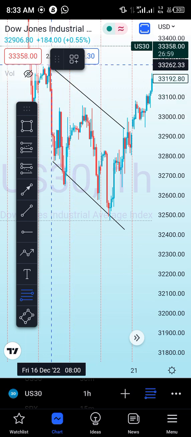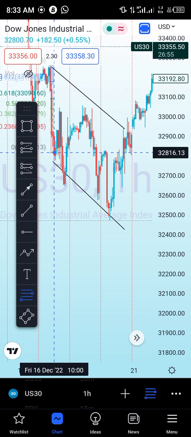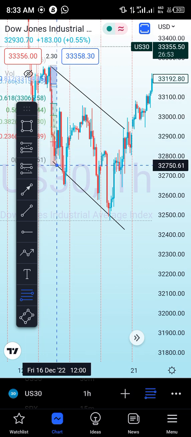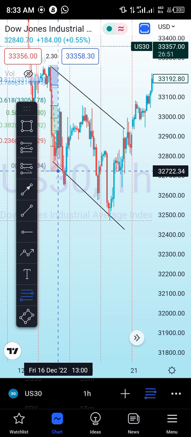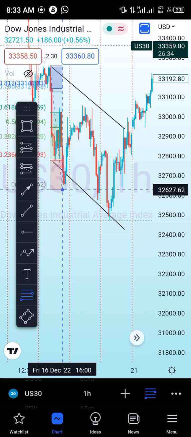Please mark it from the swing high to the swing low. I said before that the swing high is the highest point that you can see with your eye, from when you are drawing your trend line. It doesn't have to be the back. You only do it for that particular time you want to take that trade. So you take from the swing high to the swing low in a downtrend.